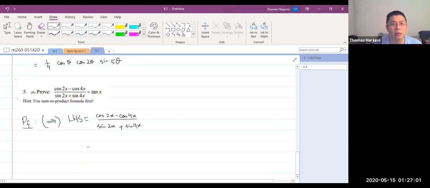And then use the sum to product formula. So cosine minus cosine is, I believe, negative 1/2. Negative 2. It's negative 2 or negative 1/2. Why am I forgetting?